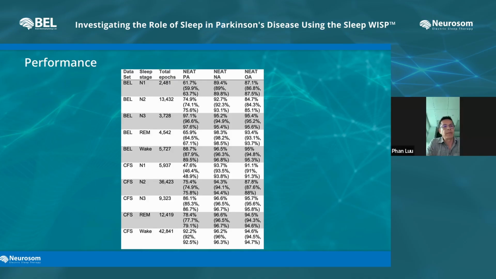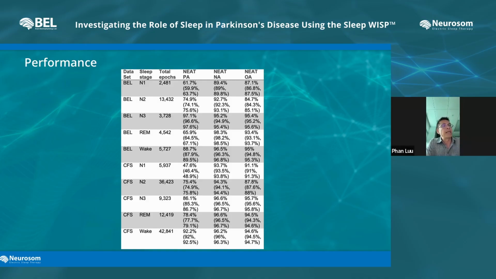When compared to the predicate device, it performs comparably. And these results form the basis of what the FDA used to evaluate whether it performs as expected.